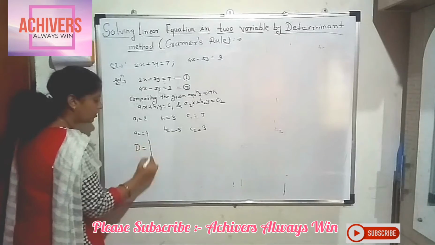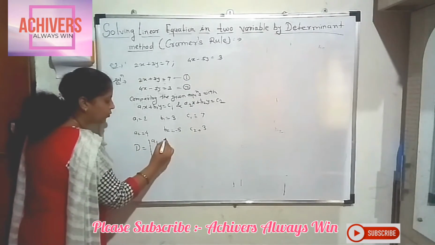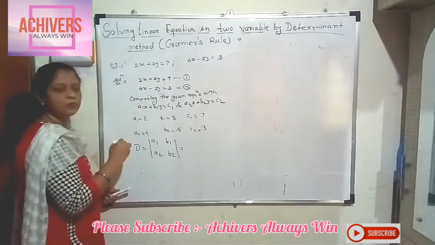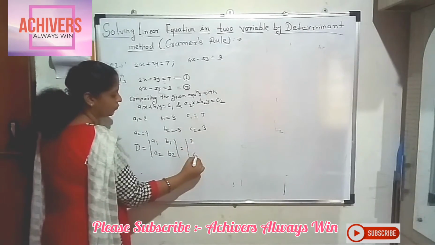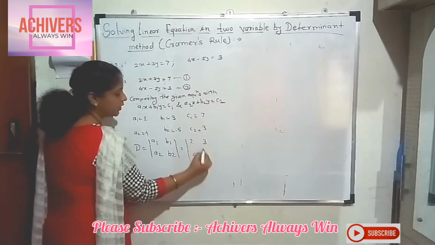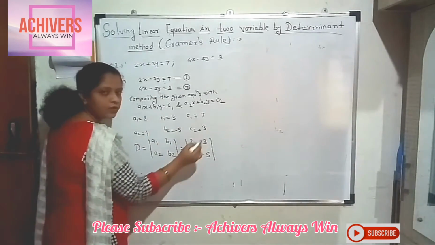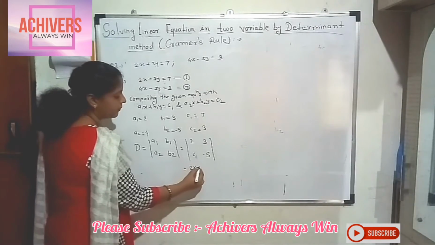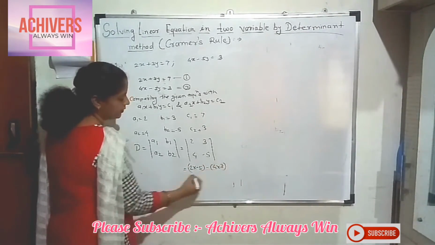D. Formula for determinant: A1, A2, B1, B2 is equal to, put the values, A1, A2: 2, 4, B1, B2: 3, minus 5. Then we take their cross multiplication, is equal to 2 multiply minus 5 minus 4 multiply 3.